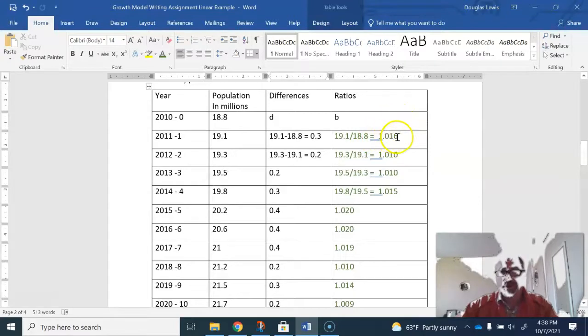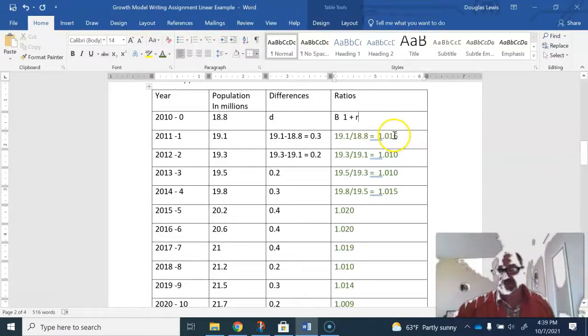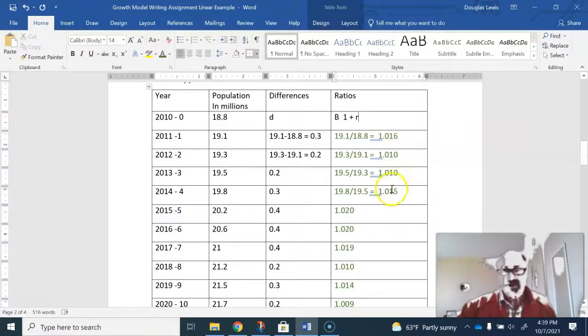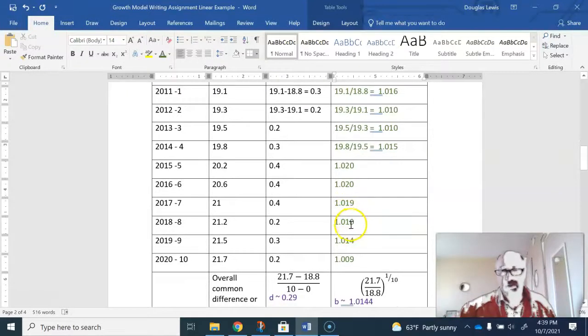I got 1.016, 1.010. Remember B is equal to 1 plus R, really. So R is the 0.016 part. It's 1.6%, 1.0%, 1.0%, 1.5%, 2%, 2%, 1.9%, 1.0%, 1.4%, and 0.9%.